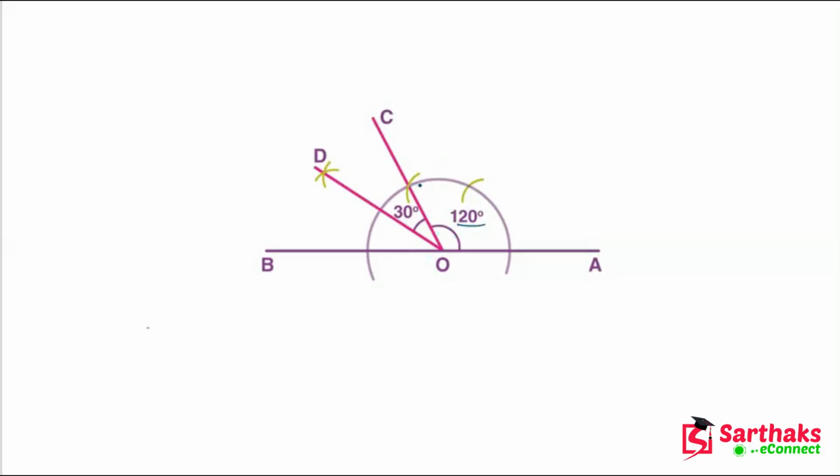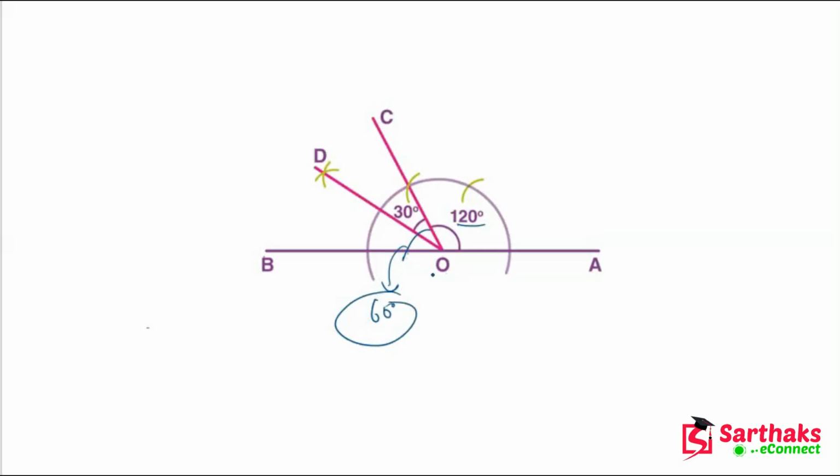Now after drawing the 120 degree angle, if we see from this side, from side BO, we can say that angle BOC is what? Angle BOC is 60 degree. After making the 120 degree, the opposite of this angle is 60 degree.